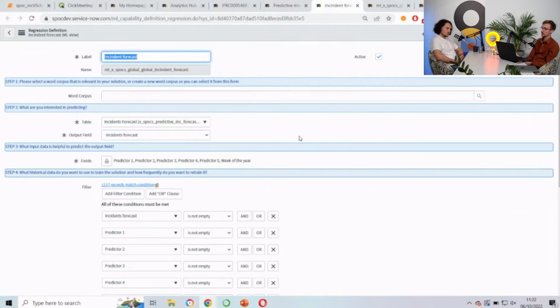By ServiceNow, it is recommended to have at least 10,000 records. 30,000 to 300,000 is the desired amount, so the models will be most accurate.